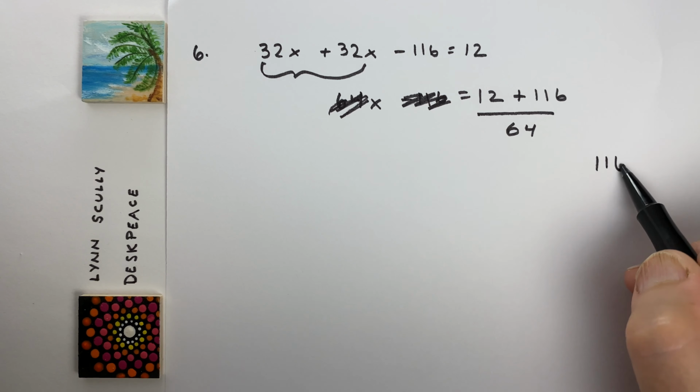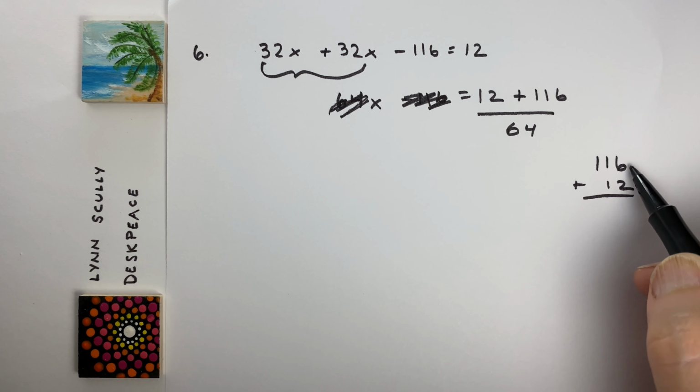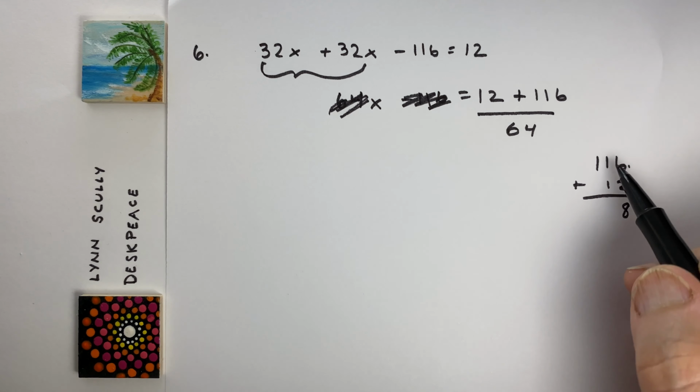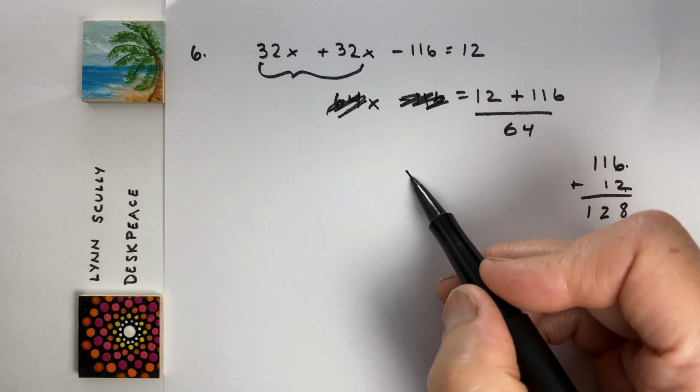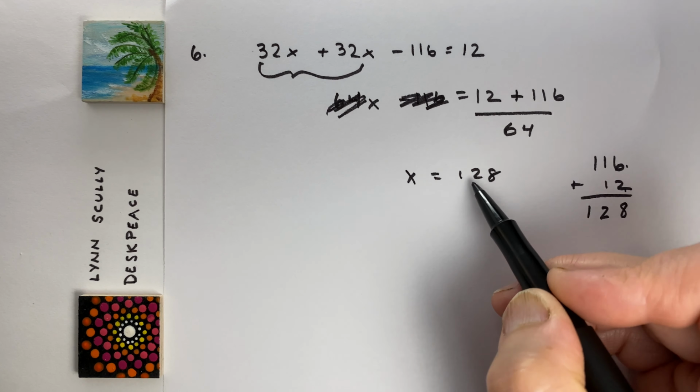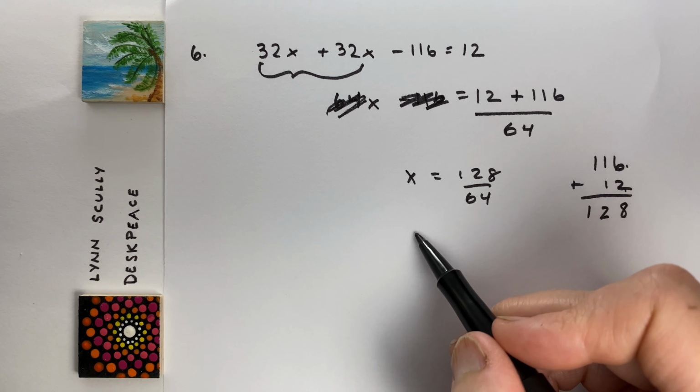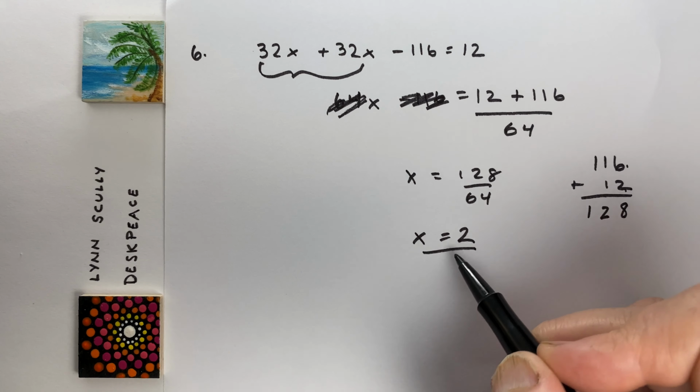So 116 plus 12. 6 plus 2 is 8. 1 plus 1 is 2, and 1. So I'm getting 128 over 64, and I know that that's 2.